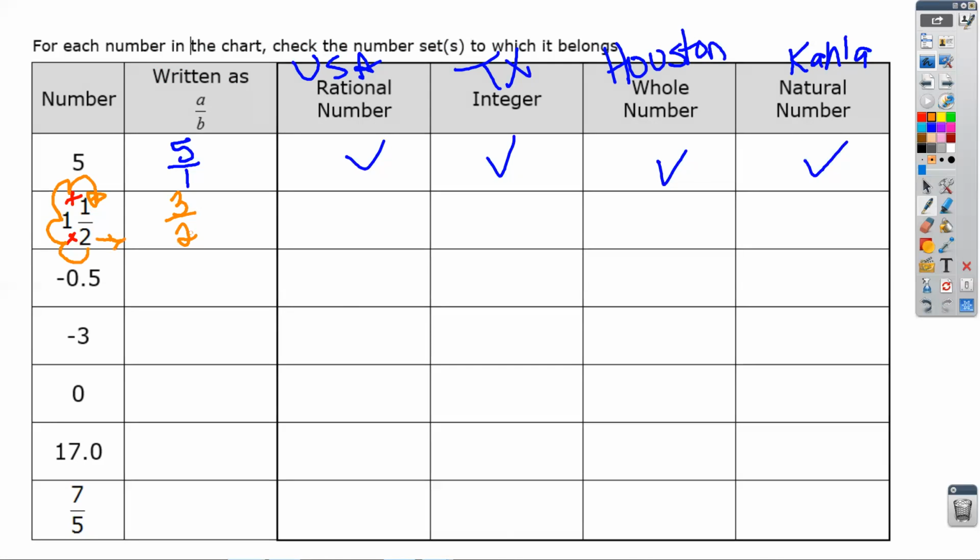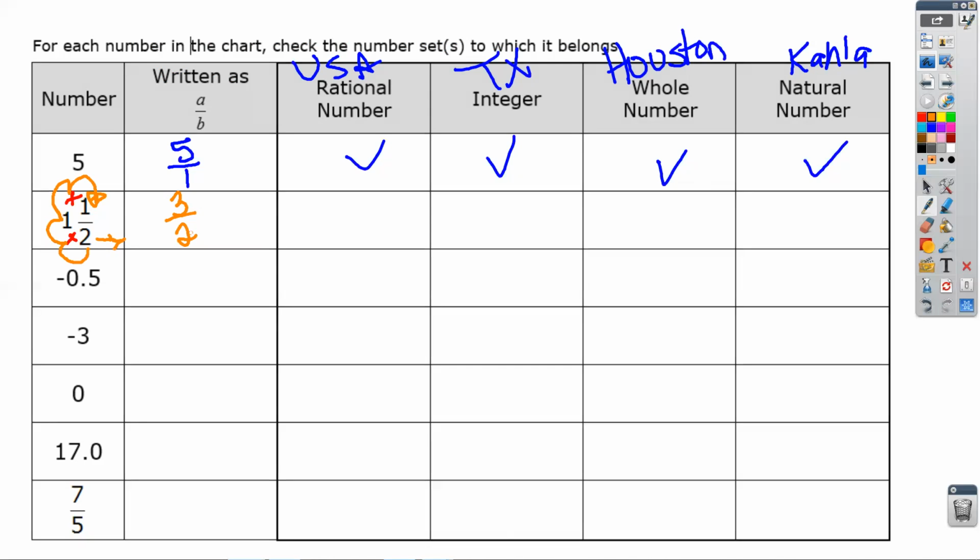Now, if you're 3 years old, are you going to be able to count 1.5? Probably not, unless you're a child genius. So it's not going to be a natural number. Now, is 1.5 a whole number? No, because it has a fraction, therefore it is not a whole number.